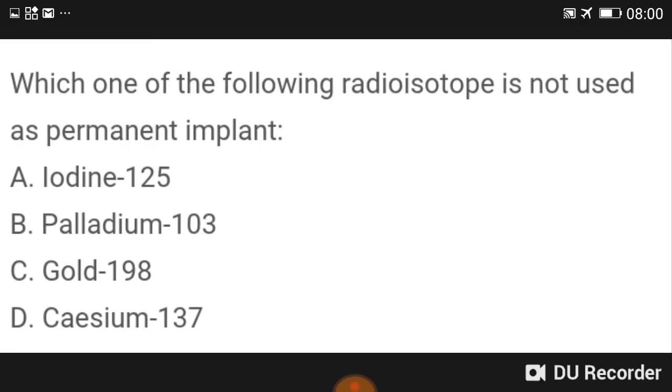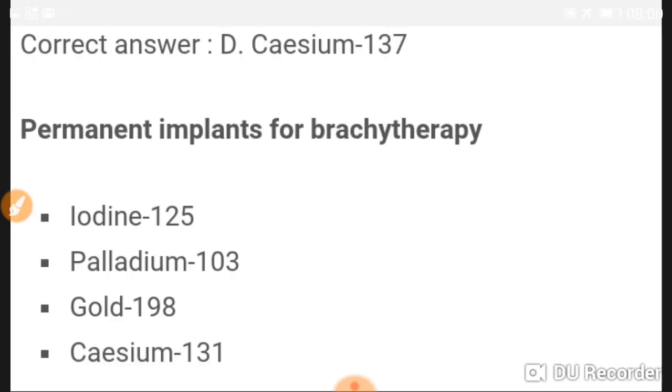Now, which one of the following radioisotopes is not used as a permanent implant? Iodine 125, yes. Palladium 103, yes. Gold 198, yes. But cesium 131, so this is not the answer.